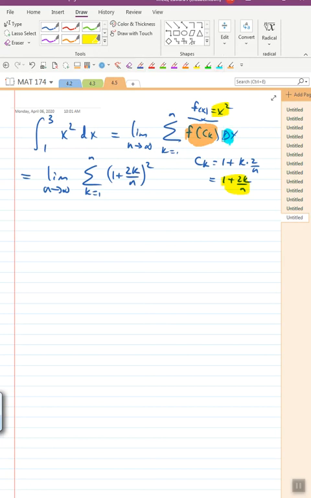Don't forget the delta x, which is easy to do. You get so happy that you've figured out this part. Sometimes it's easy to forget the delta x. So that means there should be a little times 2 over n down here at the end. Okay, now, before we go any further, any questions about this, how I'm getting that?